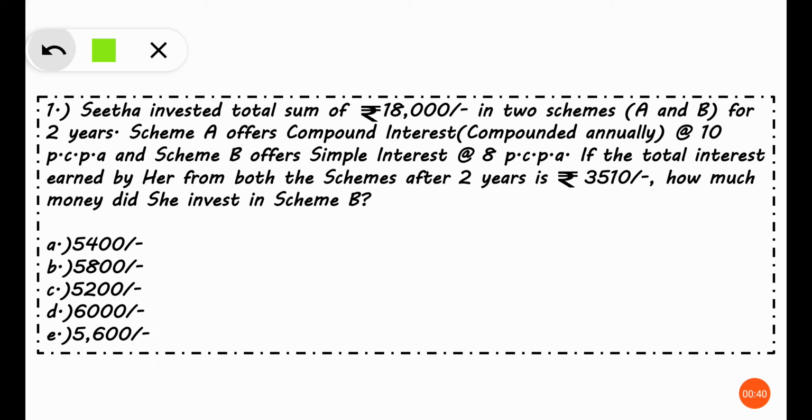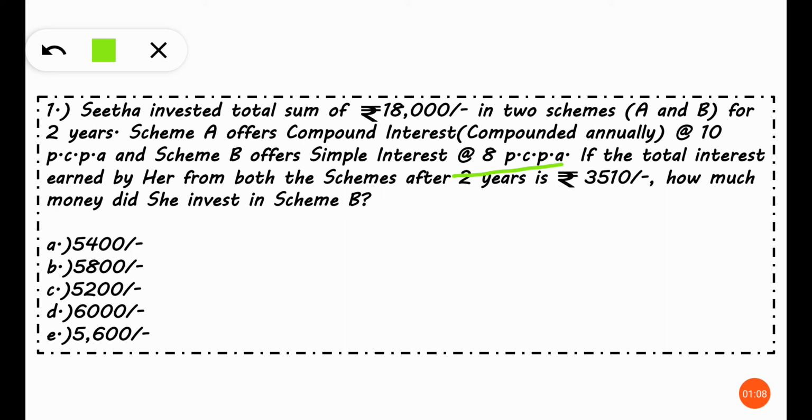The question they are asking is that Sita invested some 18,000 rupees in two schemes. She has divided the complete 18,000 in two parts, and she invested one part in one company, another part in another company. The first company, scheme A, is offering compound interest at 10% per annum, and the time period she invested there is 2 years, and company B is offering simple interest at 8% per annum.